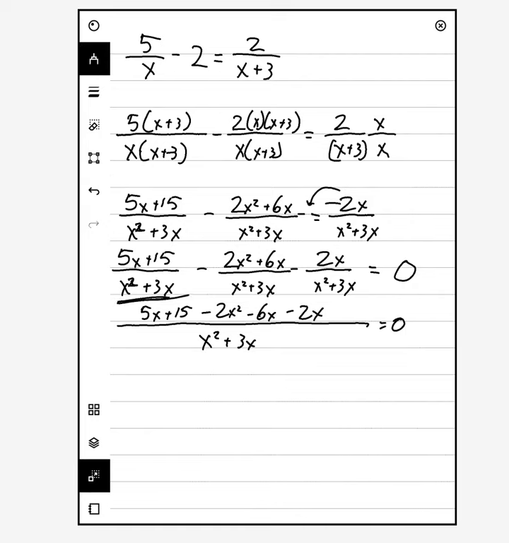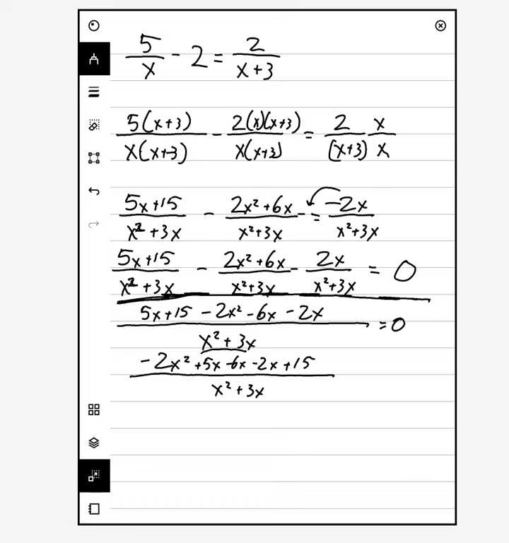Okay, so here. So if we're going to rewrite that, we're going to have negative 2x squared plus 5x minus 6x minus 2x plus 15 all over x squared plus 3x.